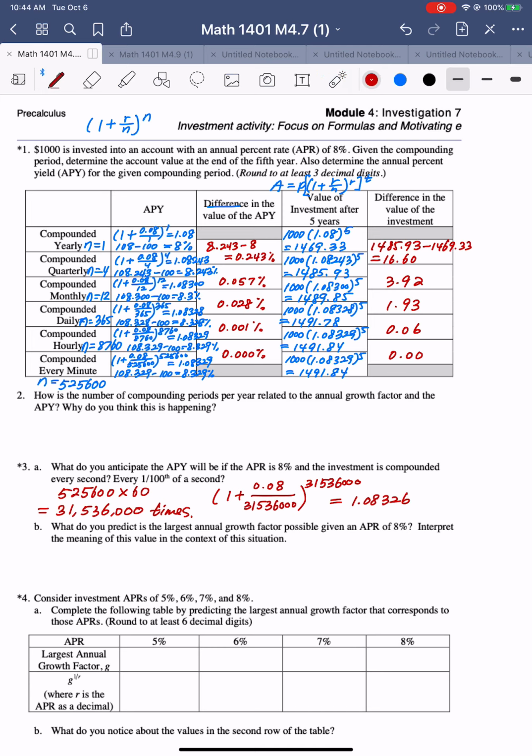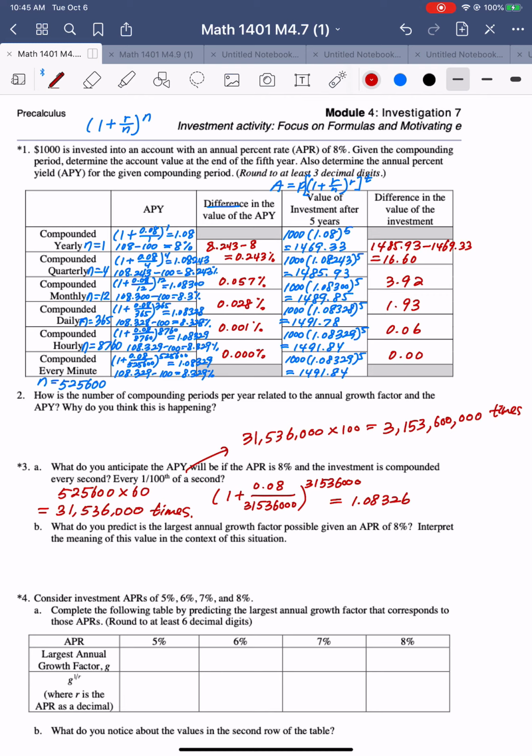So 100th of a second means that we have 31,536,000, but you multiply by 100, which becomes 3,153,600,000. Okay, but we don't really care. After the daily, the amount of interest is not that big a deal.